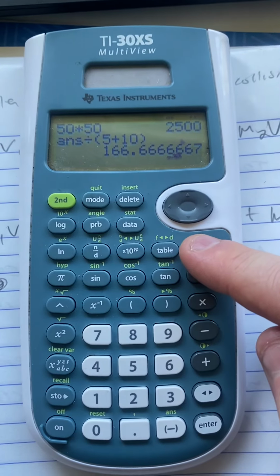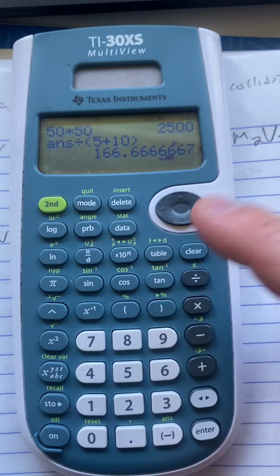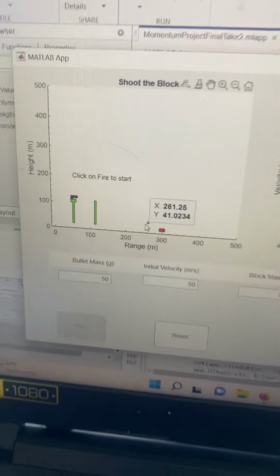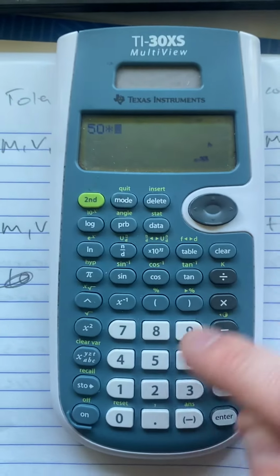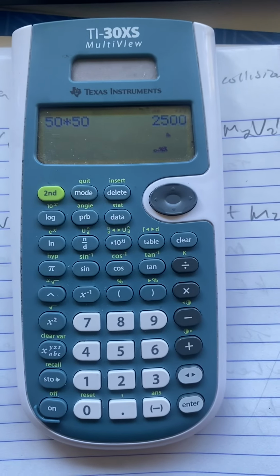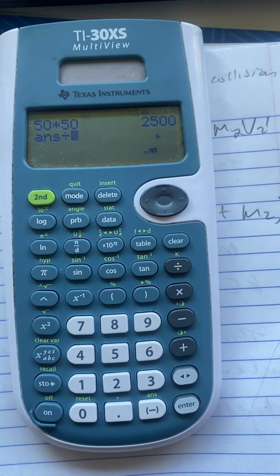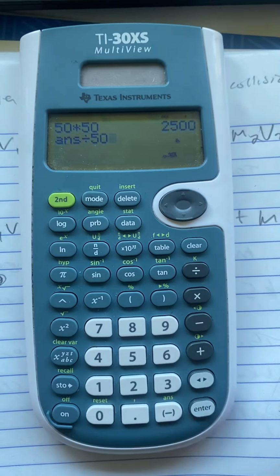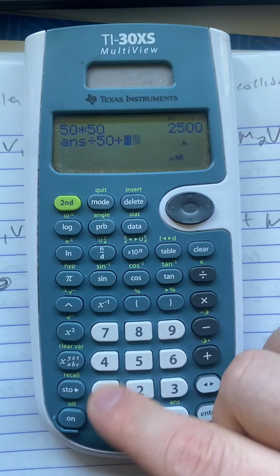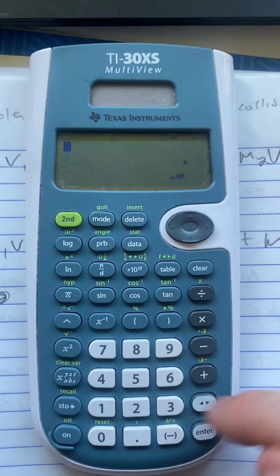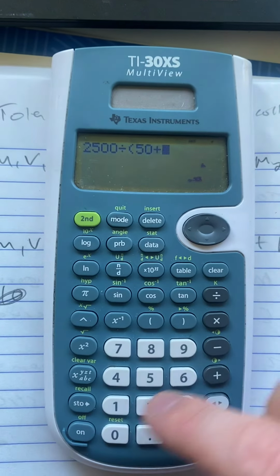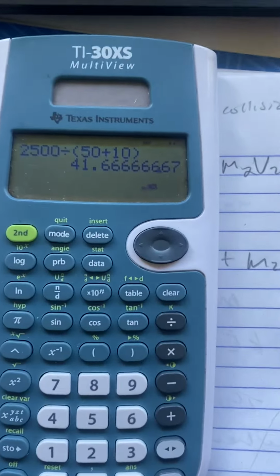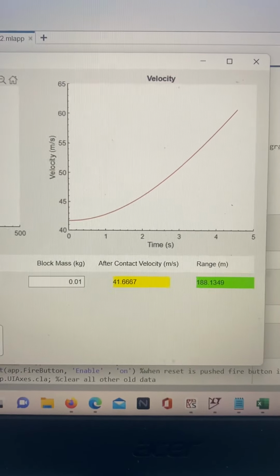That's because I put the bullet mass at 50, I kept it at 50. That's why we got the wrong answer. So let's plug that in again. 5 times 50 equals 250, divided by 5 plus 10. Let's see, 250 divided by, need to get my parentheses, 5 plus 10. Giving us 16.6667, which is correct. Sorry about the calculation error.